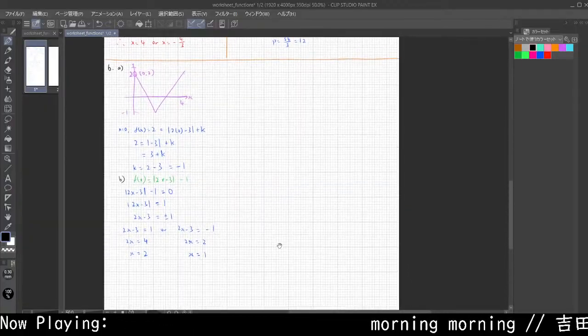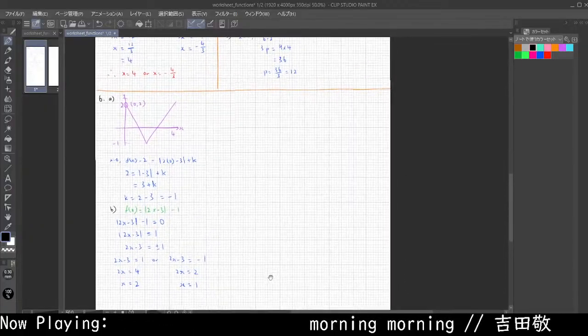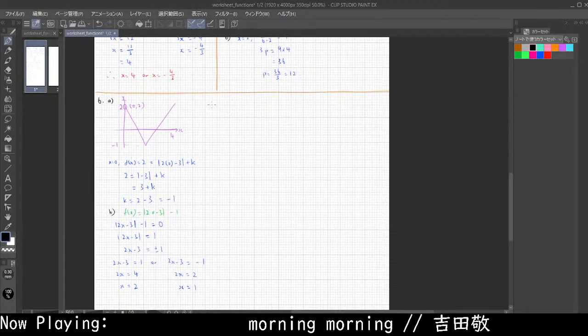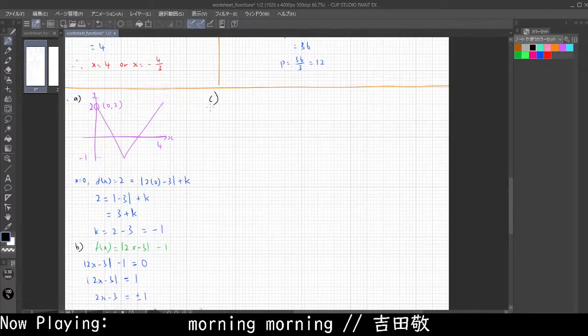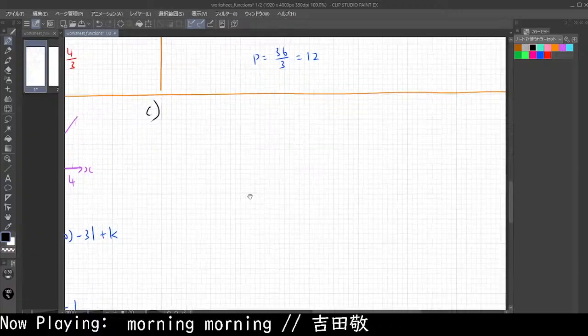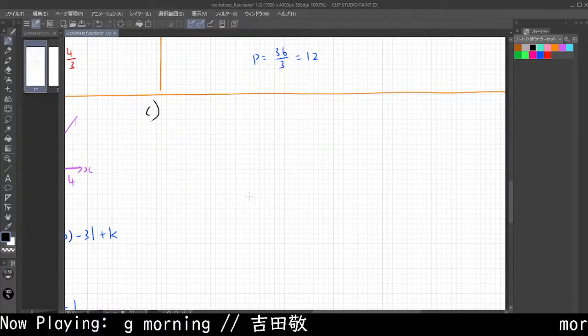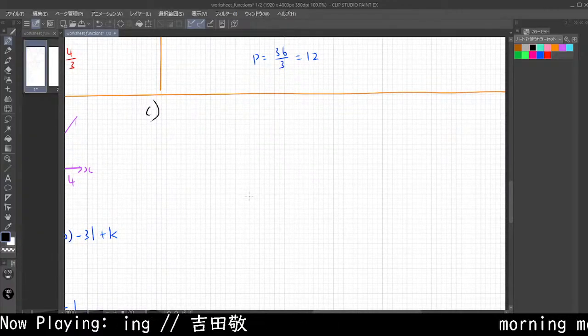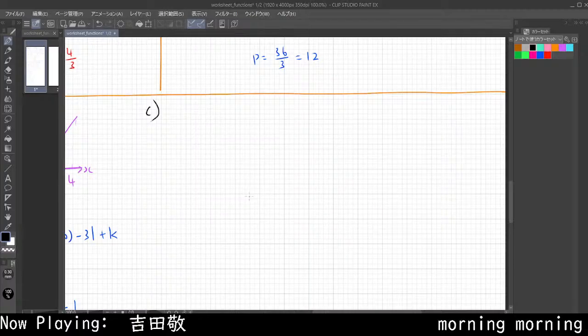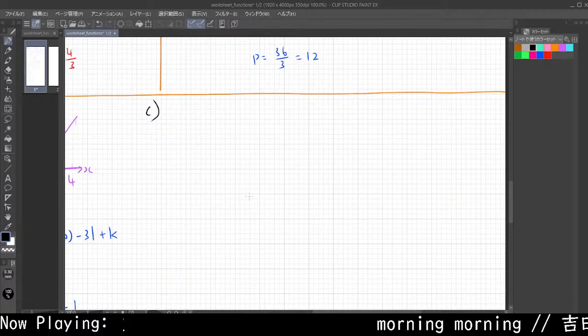Next, find the domain of f(x) less than negative 1. How does this work? Domain means you want to find the range of values of x. f(x) is your function, and the values of your function are on the y-axis, the vertical axis.